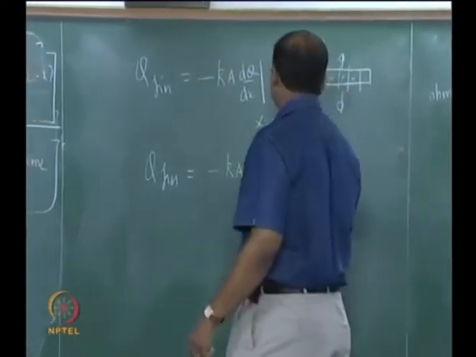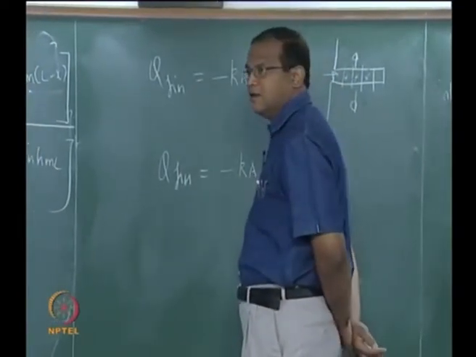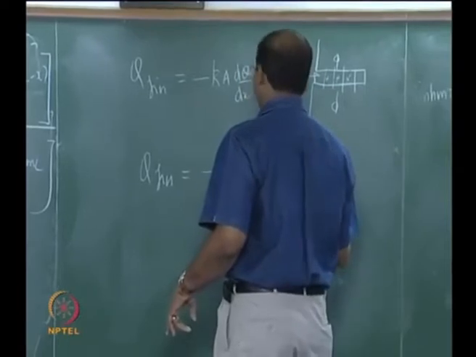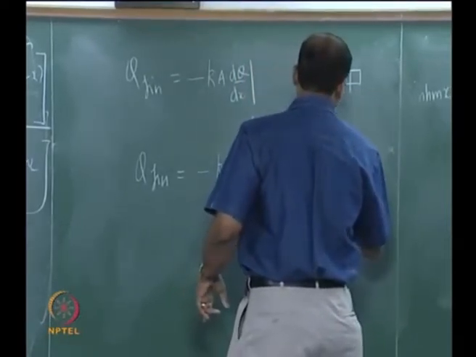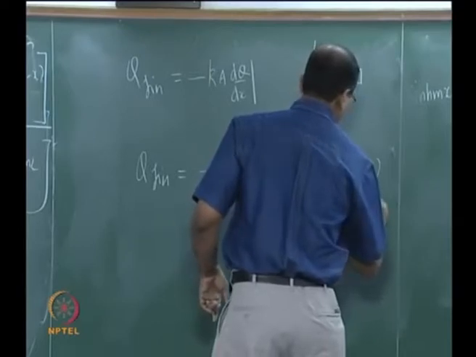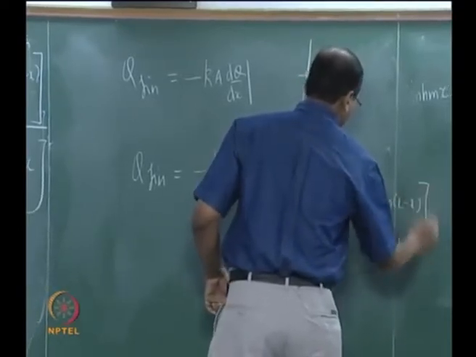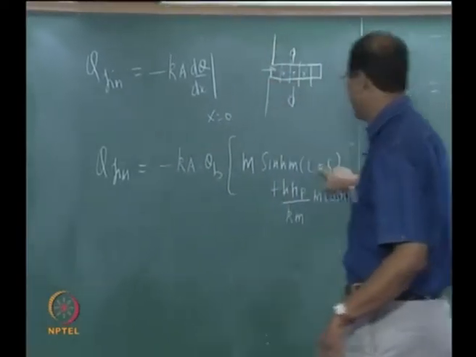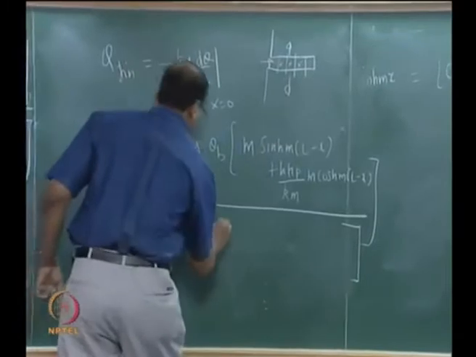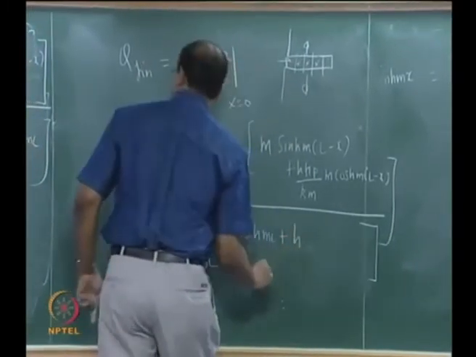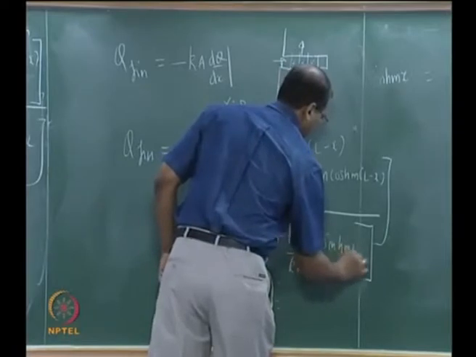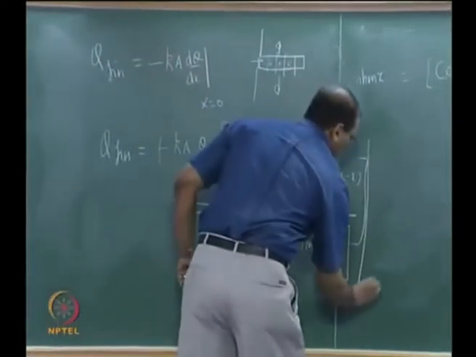Now this will be cosh m(L minus x) plus h tip by mk, with the minus sign, so this will be m, and because there is a minus (L minus x), a minus comes again. Now you have to substitute at x equal to 0.